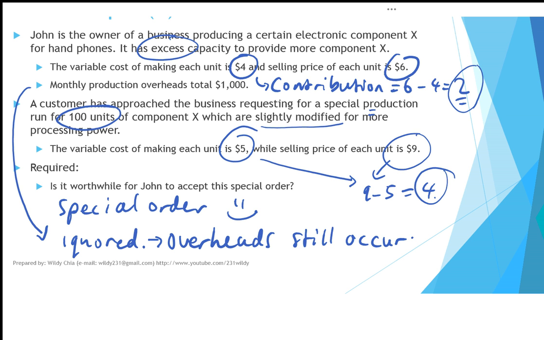So such numbers like overheads and fixed costs, we generally ignore them for purpose of making decisions. And for purpose of assessing the decision to make or buy, that's what we do. We ignore overheads, and the fact is, these occur whether or not the order is accepted. So you have to be very careful if you approach this in the exams. Make sure that you systematically ignore such items like overheads and fixed costs.